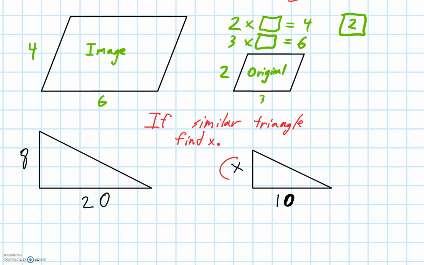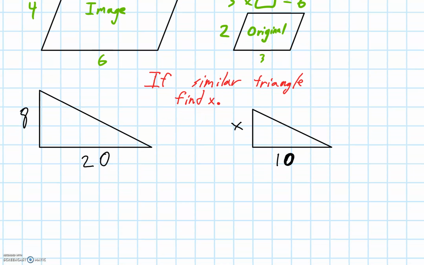And that's not just circling x, that's finding the value of x. So what we need to do here is find the scale factor first, and then find x, and then I'll show you one other method of trying to do this.